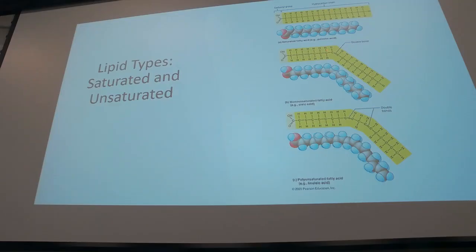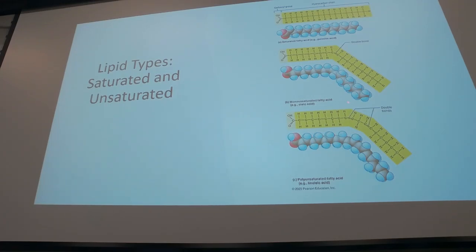Whenever you have a double covalent bond, that creates a little bit of flexibility within the structure. In this case, this is oleic acid, which has a double covalent bond in here between these two carbons, and that leads to a little bit of flexibility. So this molecule is monounsaturated.